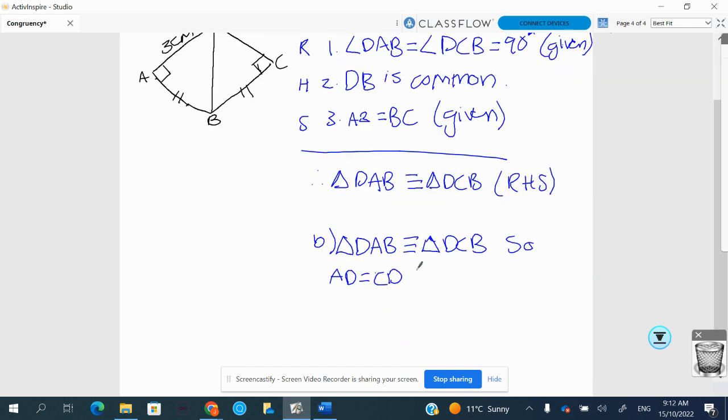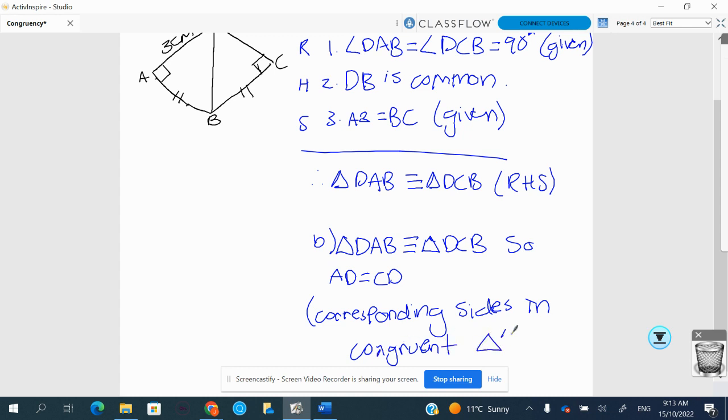Just need to expand on this and give a bit of a reason. So in brackets, they are corresponding sides in congruent triangles. And that is all.